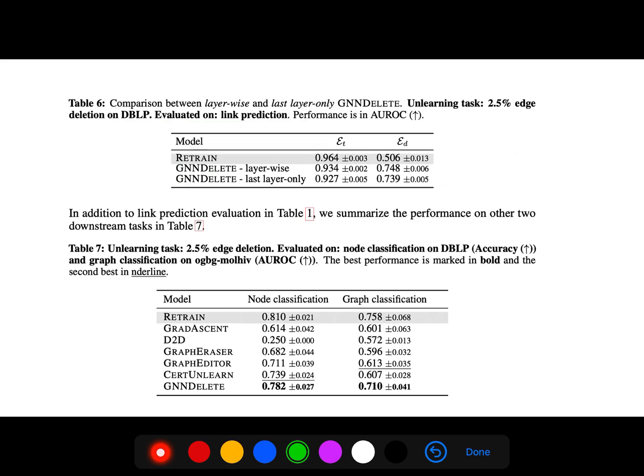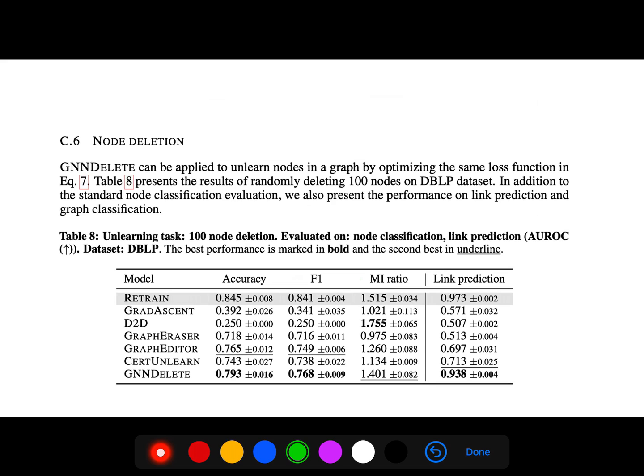They have experiments for both node classification, which is one graph with many nodes, and graph classification, which has many graphs, but each graph has a very small number of nodes, like 20 or 30. For node deletion, you see the F1 score. They also did link prediction.